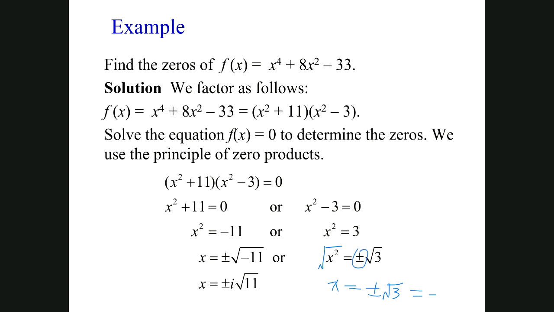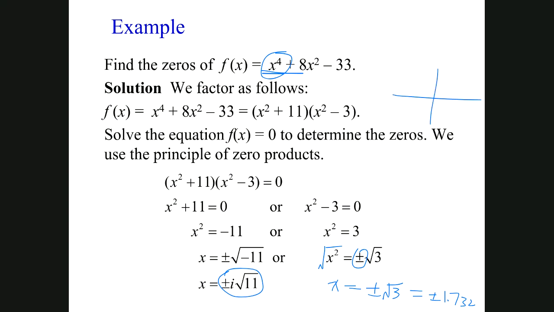And the square root of 3, if you use the calculator, is about 1.732, okay? So this one you can show in the graph. This one you cannot see from the graph. So basically, when you see this quartic, how does this one look? Well, this one is gonna look something like that.